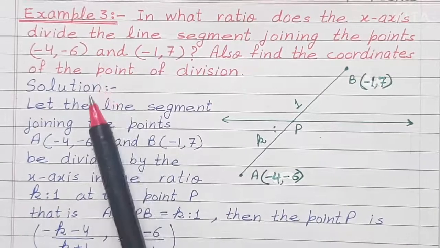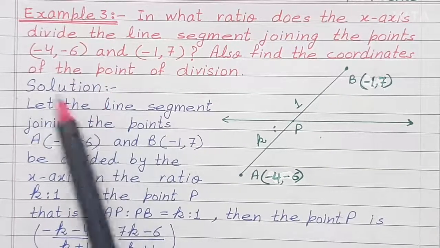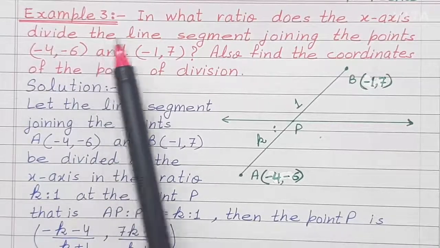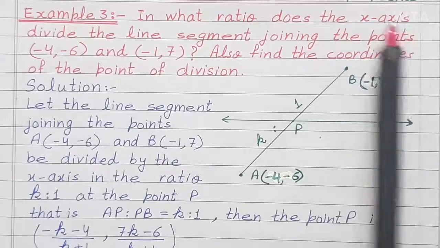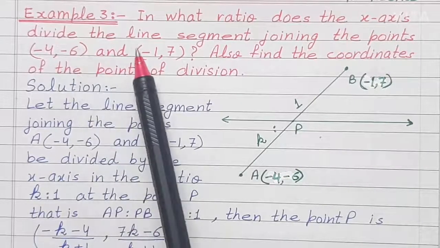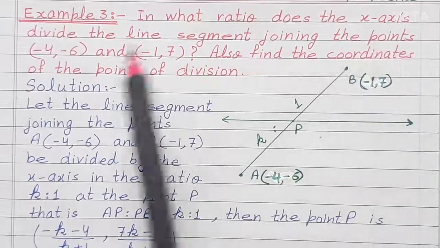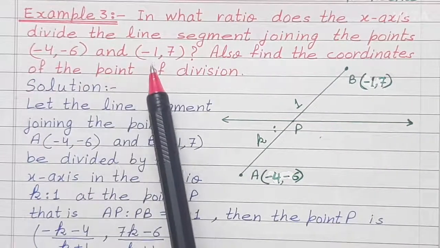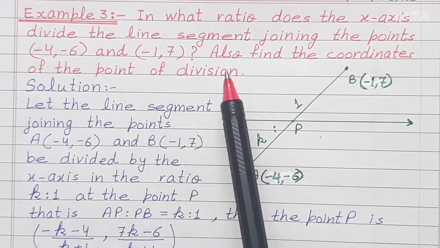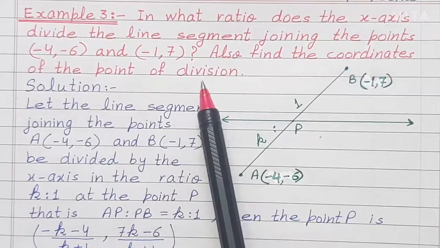Now let us discuss few examples based on section formula. So example number 3 is, in what ratio does the x-axis divide the line segment joining the points -4, -6 and -1, 7. Also find the coordinates of the point of division.